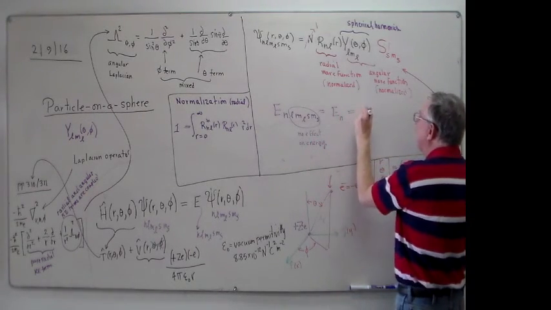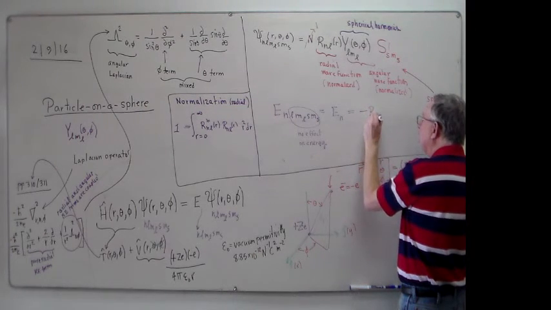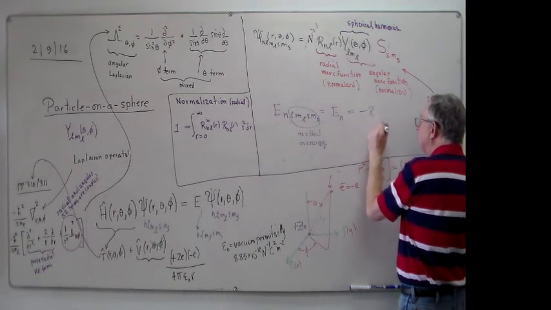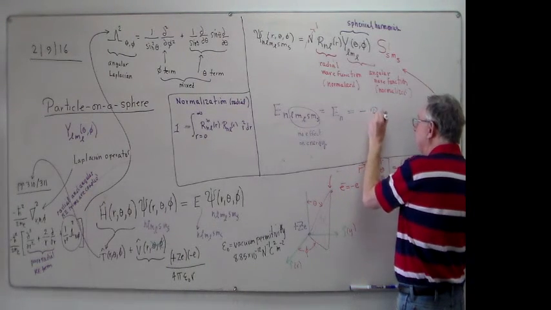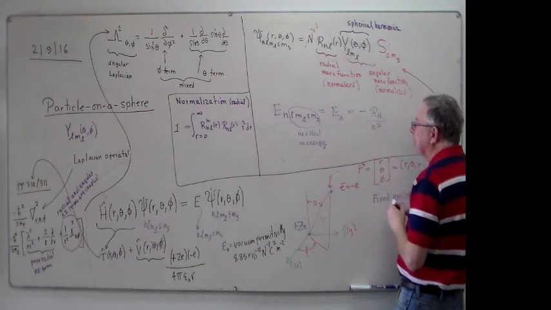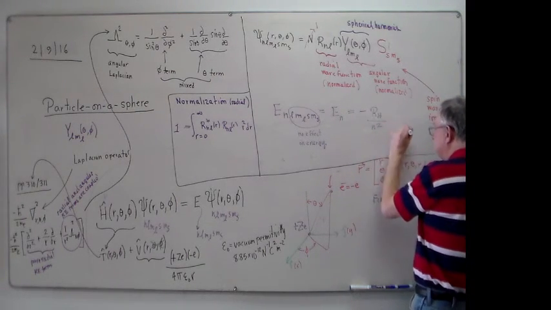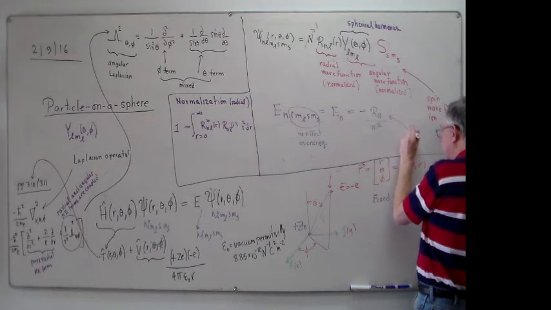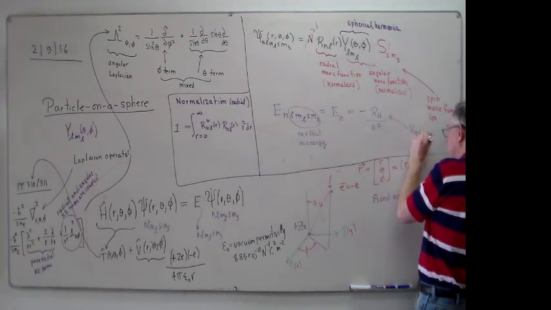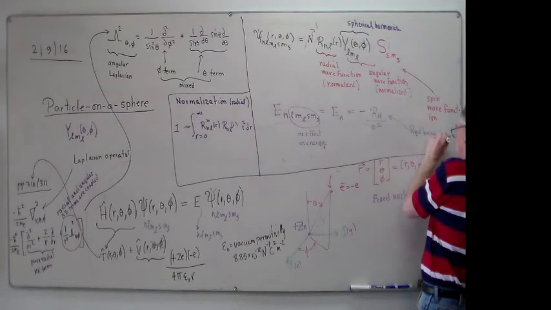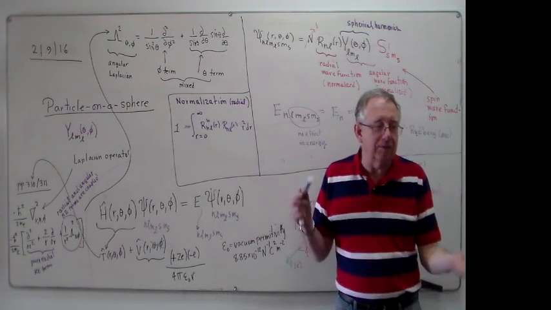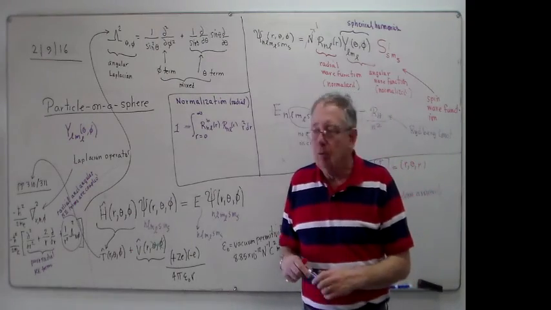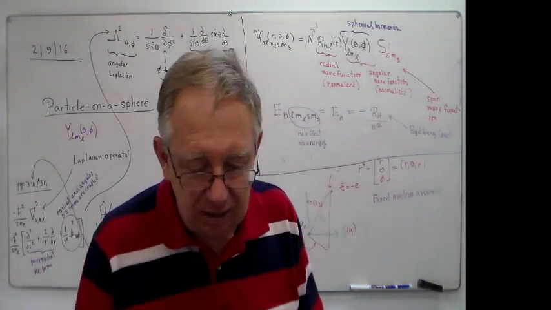So the energy eigenvalues are the Rydberg constant divided by the principal quantum number squared. Now, if we really wanted to get this, we'd have to solve the differential equations. We're just telling you what the result is.